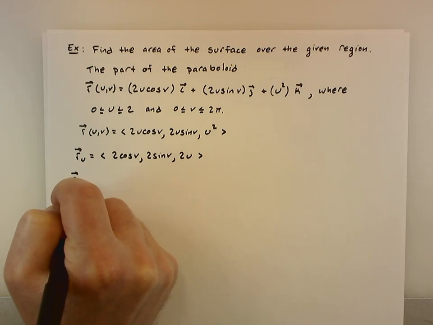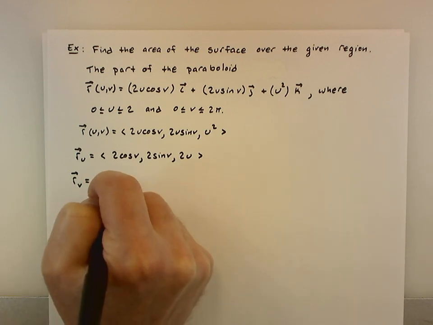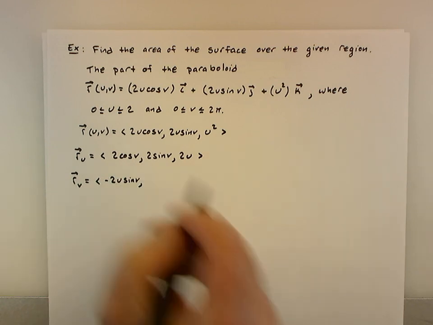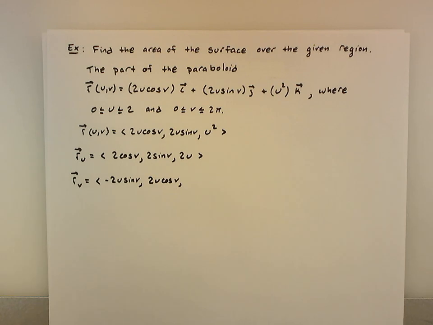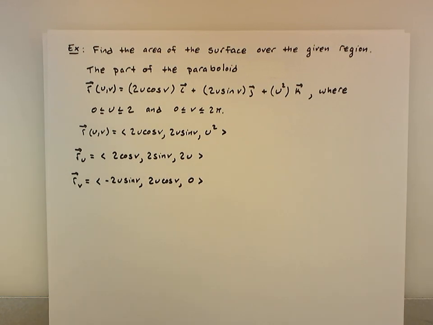The partial derivative of R with respect to V is equal to negative 2u sine V, 2u cosine V, and 0.